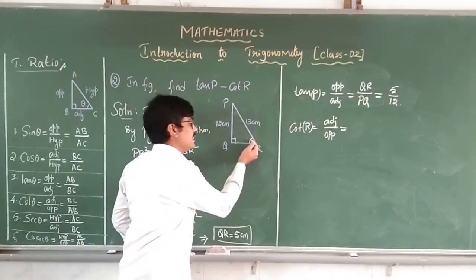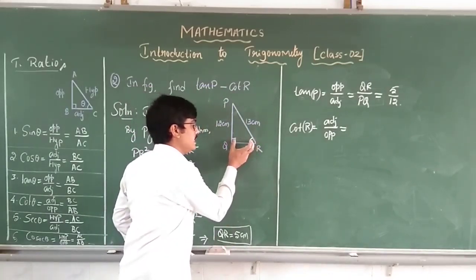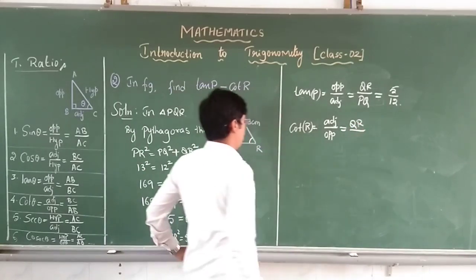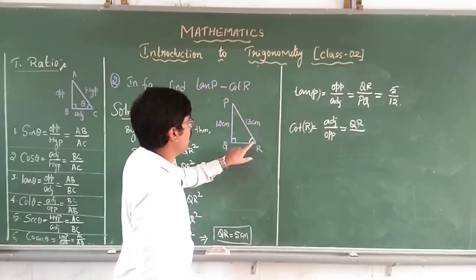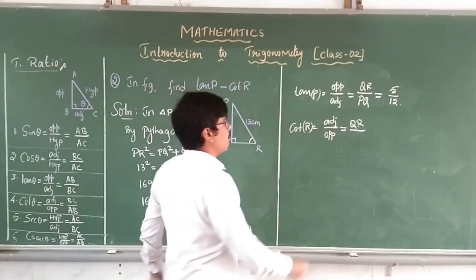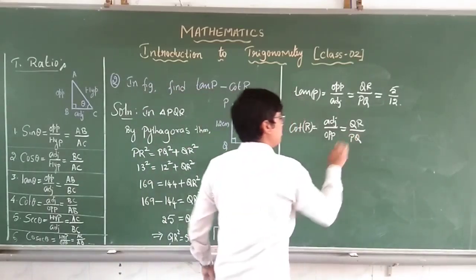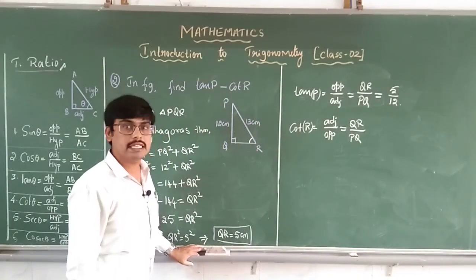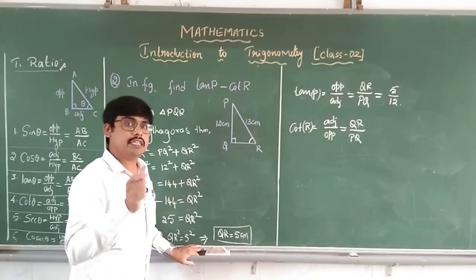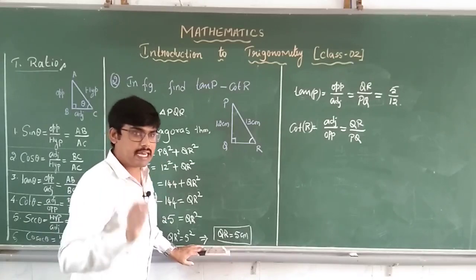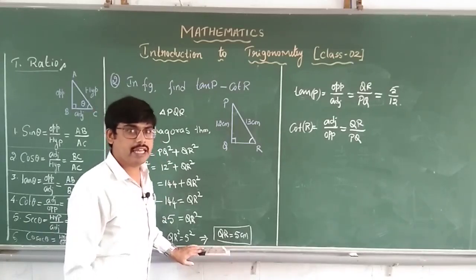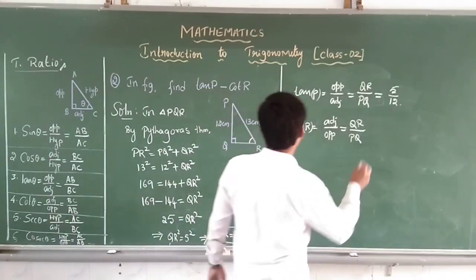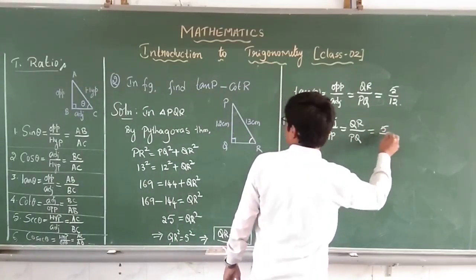If I take this as the acute angle, then the adjacent side will be QR, and the opposite side, opposite to the acute angle, will be PQ. Opposite means the side which is opposite to the acute angle. Adjacent means the side which is adjacent to the right angle and acute angle. Hypotenuse means the side which is opposite to the right angle. Now QR is 5, PQ is 12.